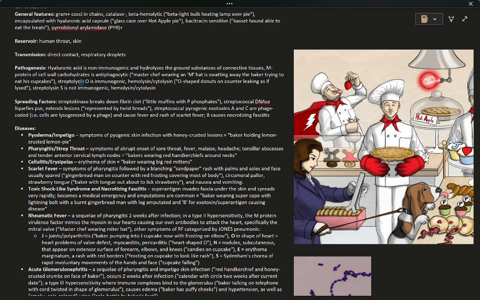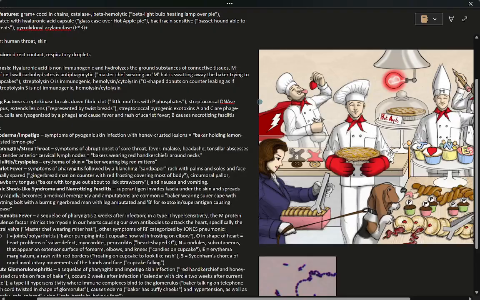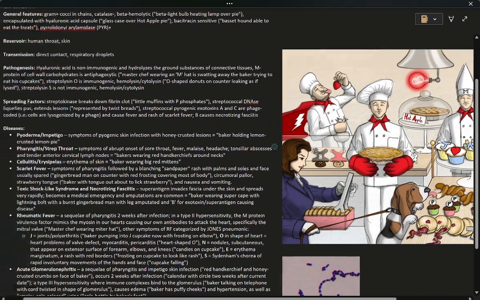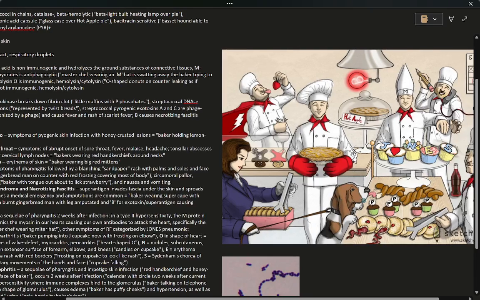Also, streptolysin O is an immunogenic toxin. It is associated with a hemolysin or a cytolysin. And you can remember this by thinking about the O-shaped donuts that are on the counter, leaking as if they are lysed.